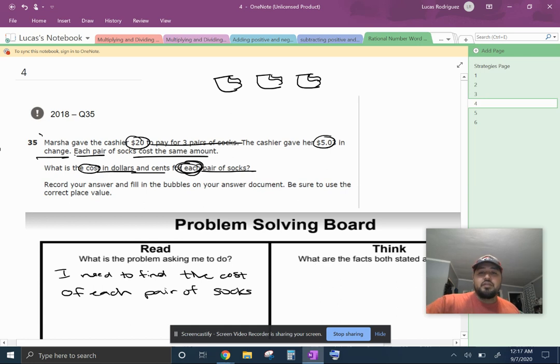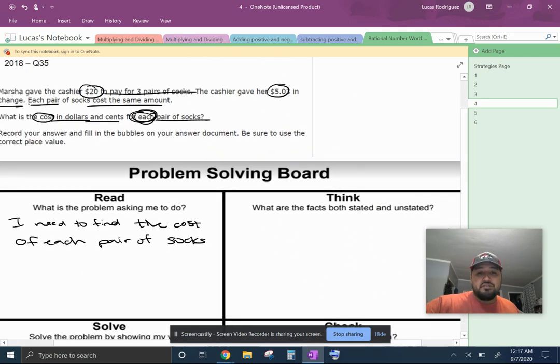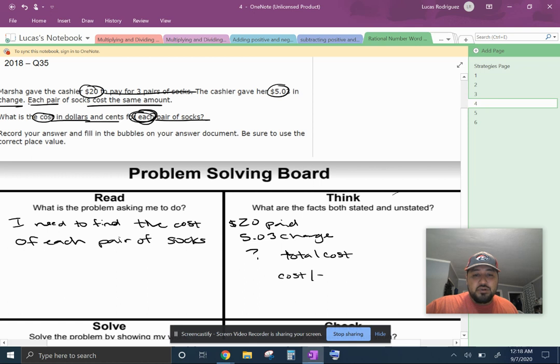Now, we have all the information that's stated. We have $20 that was paid. We have $5.03 in change. We need to know the total cost, and then we need to know the cost per pair of socks.